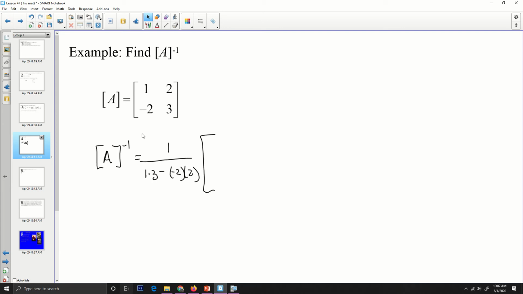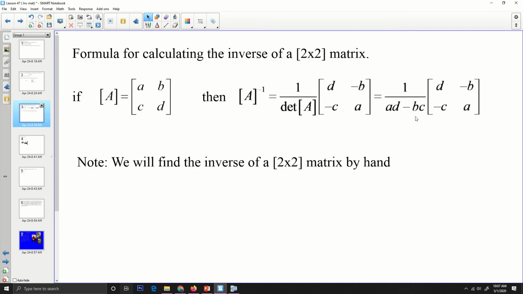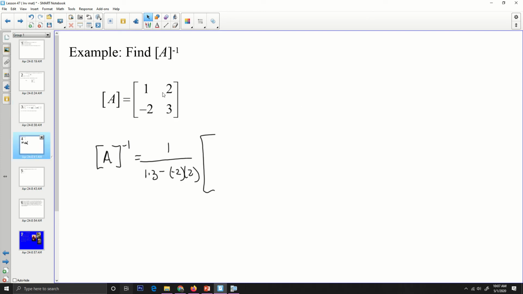Then again, we follow the definition from the last page, where we take the A and the D and switch them, and leave the B and the C in place and make them negative. So the A and the D switch: the 3 goes there, the 1 goes there. The 2 in the B position becomes -2, and the C becomes negative. So the negative of a negative would make it positive. So we're going to just calculate that.